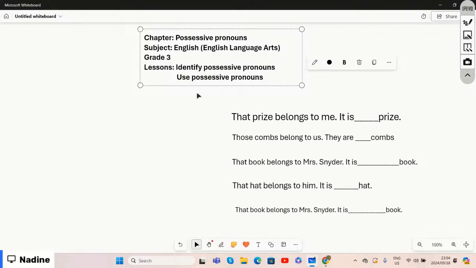So our chapter is possessive pronouns. Our subject is English Language Arts. Grade 3.